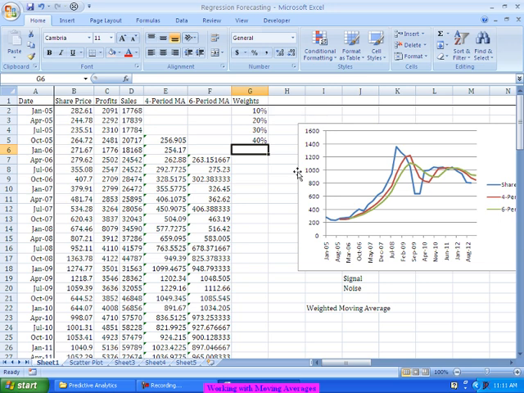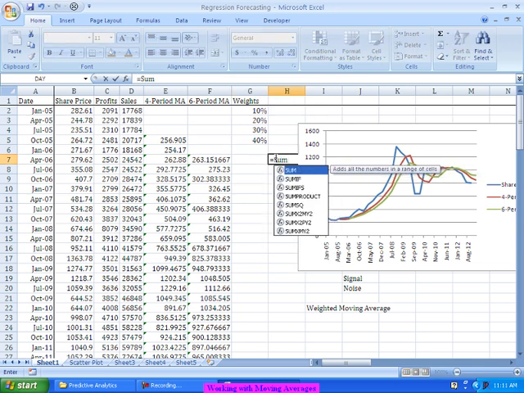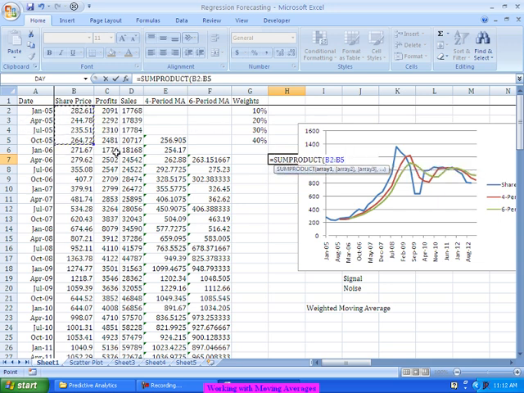So when I compute the 4-period value, what I would simply do is use a kind of sum product function where I take these 4 values multiplied by these 4 weights.